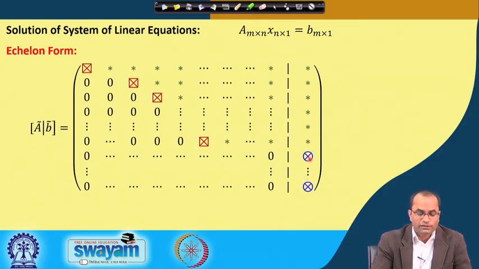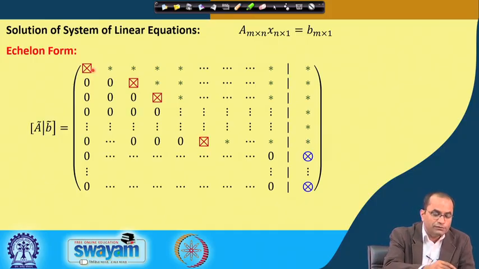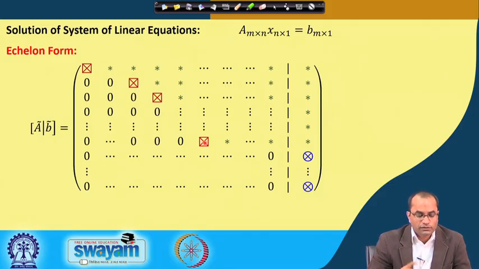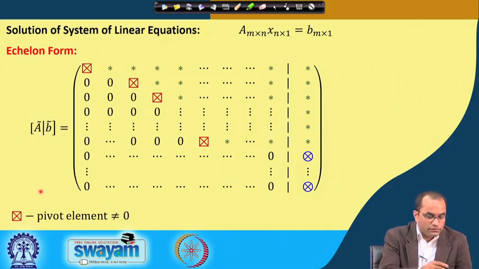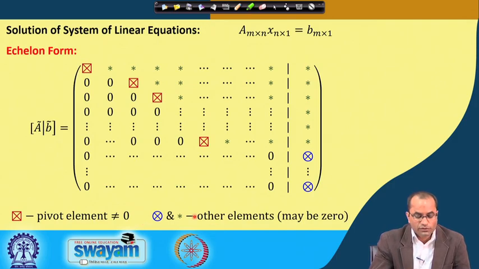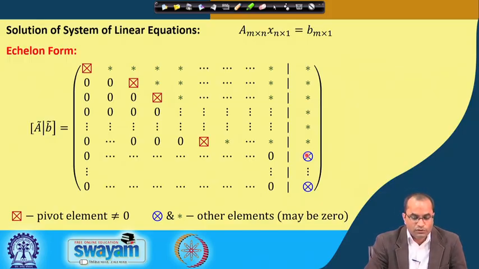That is the symbol we are using just to represent this echelon form in general. Here we have these pivot elements which are always non-zero, and with this star, these are the other elements, which may be 0 and may not be 0.